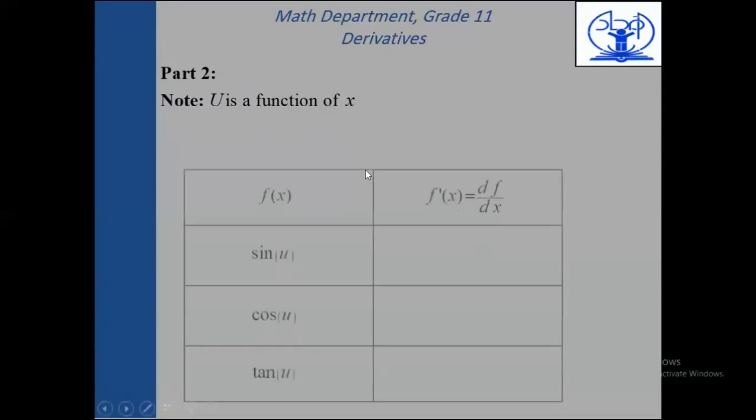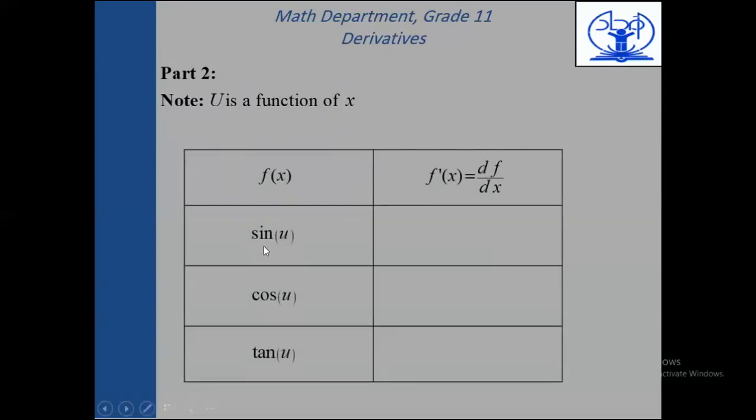Part 2. Assume that u is a function of x. We have learned now what the derivative of sine x is. But what if the function is in the form sine of 3x or sine of x squared or cosine of x plus 1? So you may find some functions which are matching these forms, like sine of an expression, cosine of an expression, tangent of an expression.